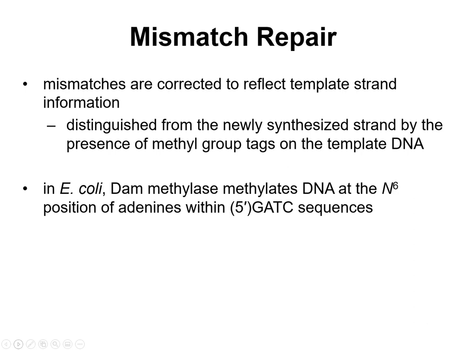So the methyl groups on the template DNA help to identify it and say, hey, I'm the template, so if there's anything wrong, don't change me, it's the other one. So that will help with making sure that you're not introducing a mutation.